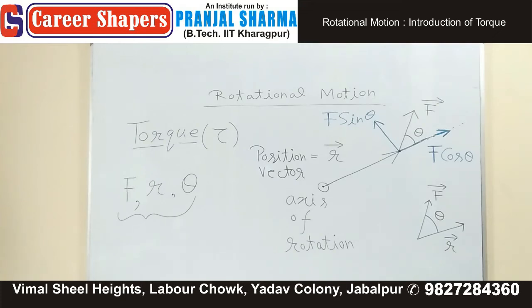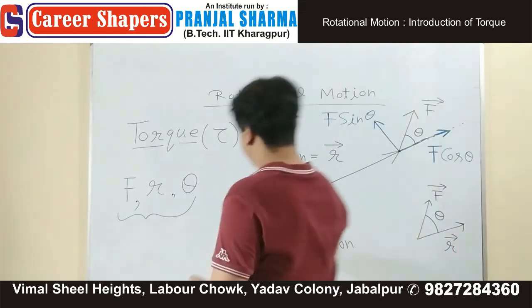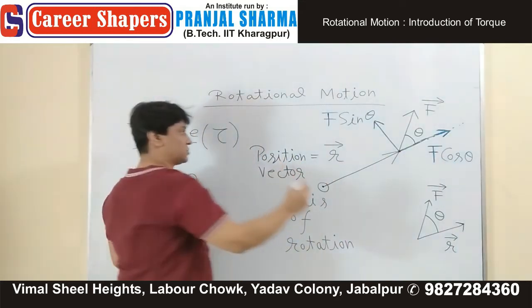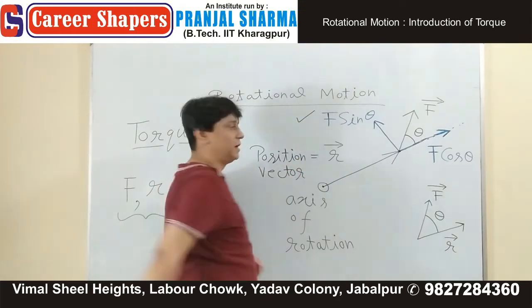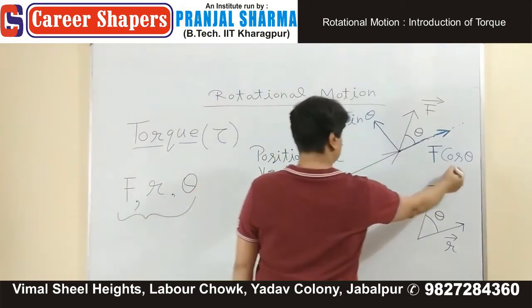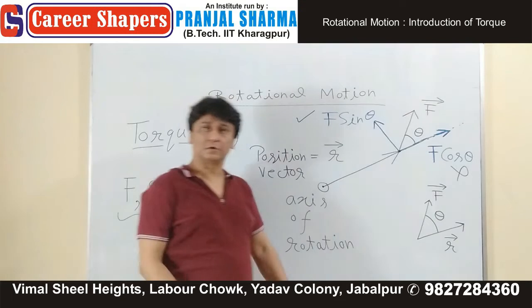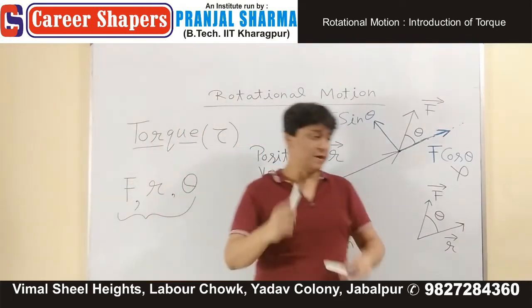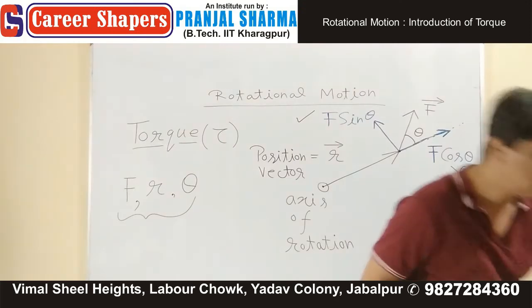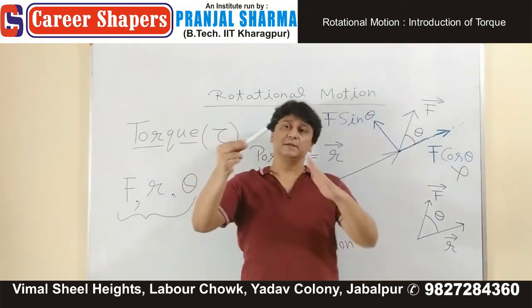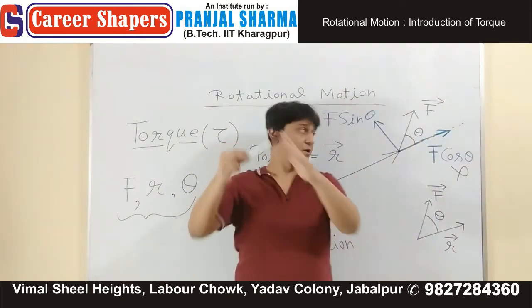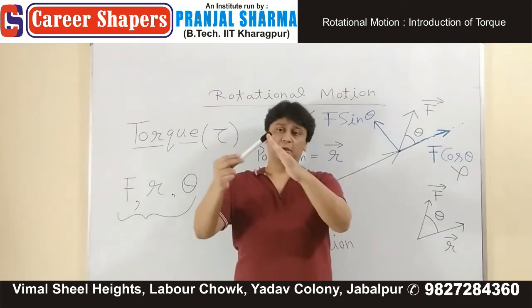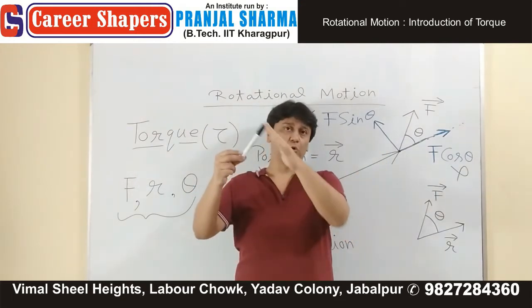And yes, your feeling is good. Your answer is correct. Rotation is possible because of F sine theta. You cannot produce rotation because of F cos. क्यों? थोड़ी देर पहले बताया था कि अगर मैं इस मार्कर को इस तरफ फोर्स लगाऊंगा 90 पर, then this marker is going to rotate.